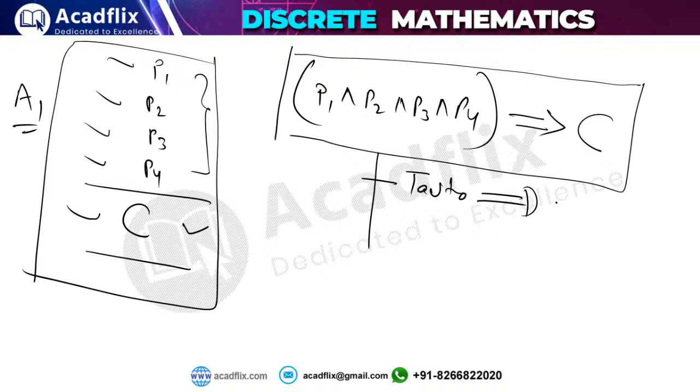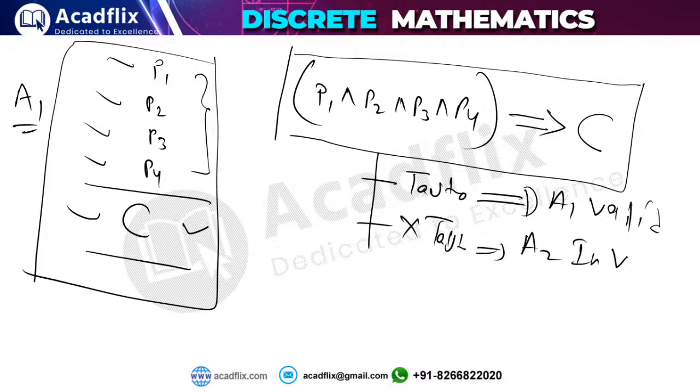If it is a tautology, then argument A1 is valid. If it is not a tautology, then A1 is invalid. This is how we define validity or invalidity of an argument. Any doubt, Devika? I have repeated the definition of validity of argument.